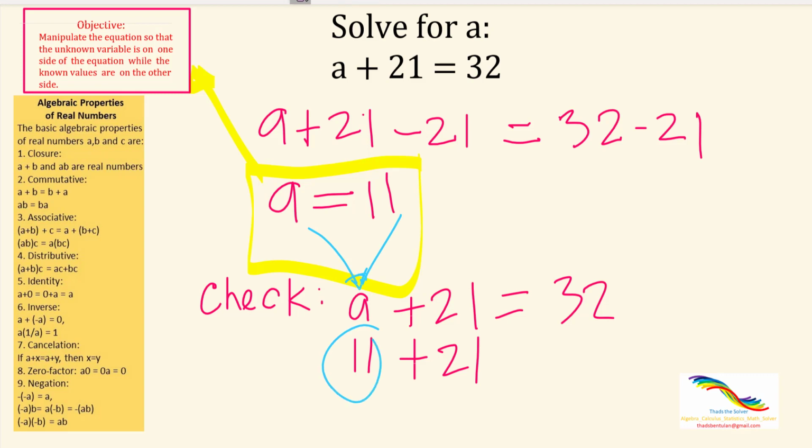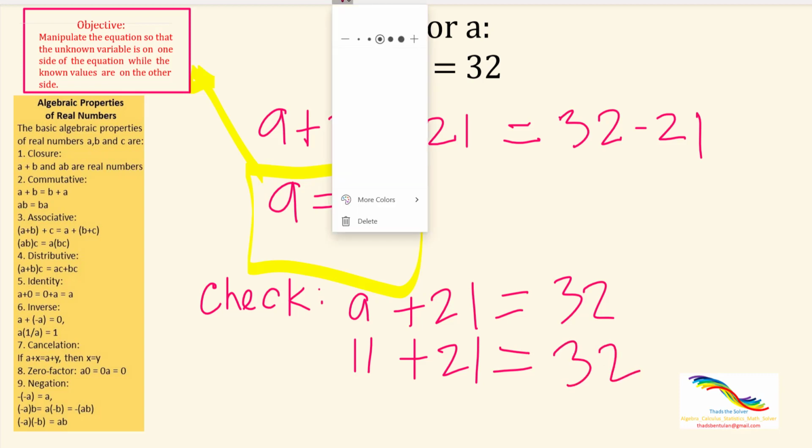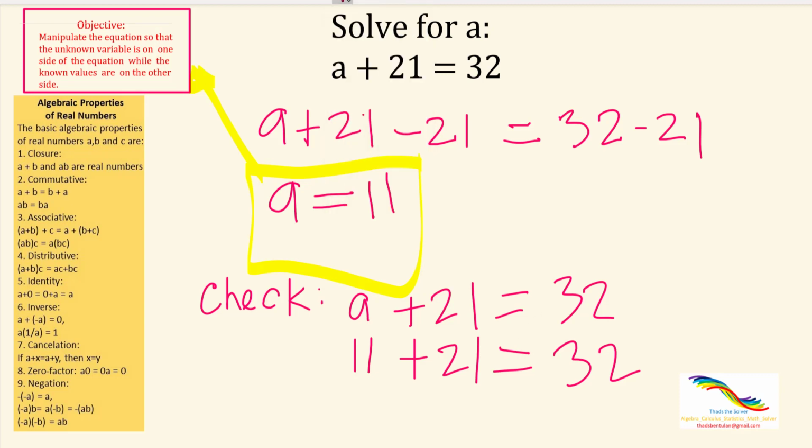So a was 11, so this is now 11 plus 21 equals 32, and that is a big check.